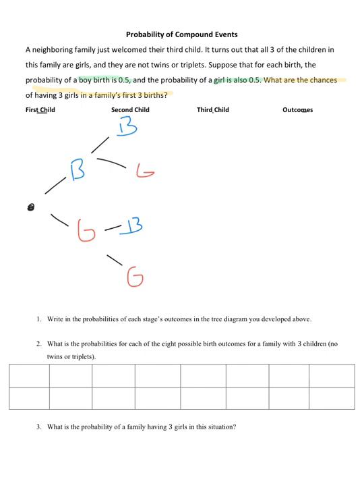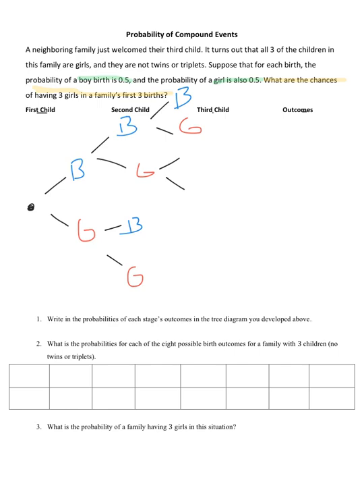Now for the third child, once again, a couple options. And if we had 2 boys, well, once again, it could be a boy again. And another option would be a girl. So this is for our third child. And then, similar idea, if we had a girl, from there could be 2 options.